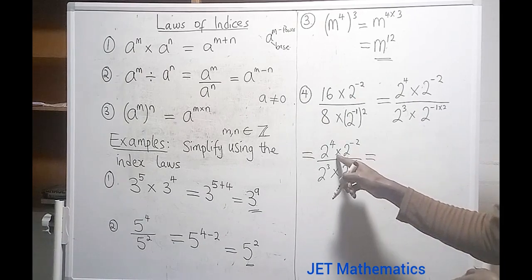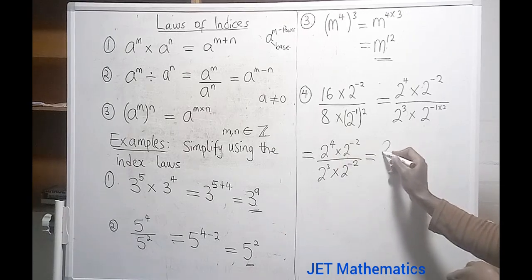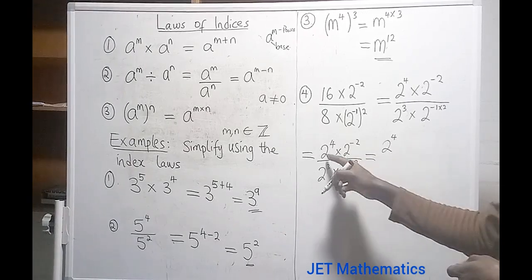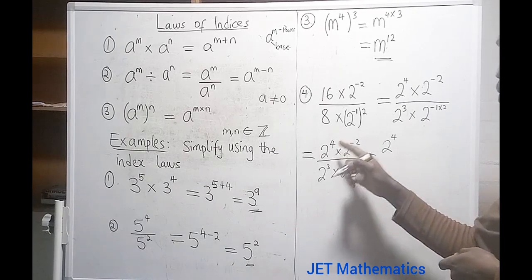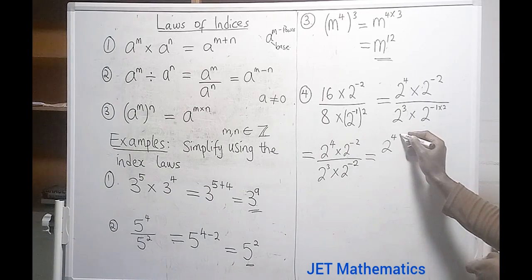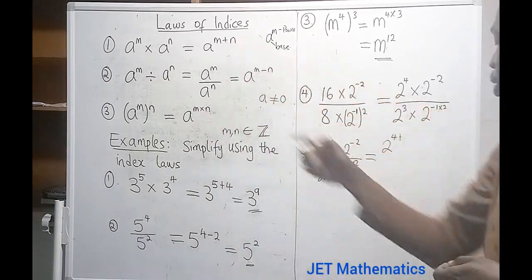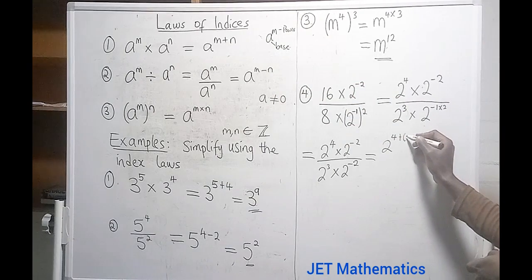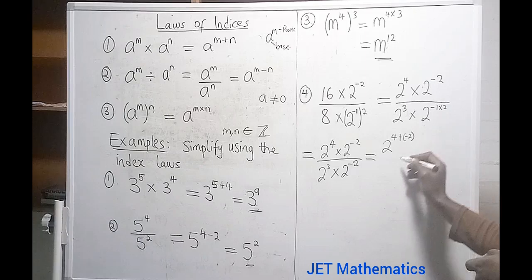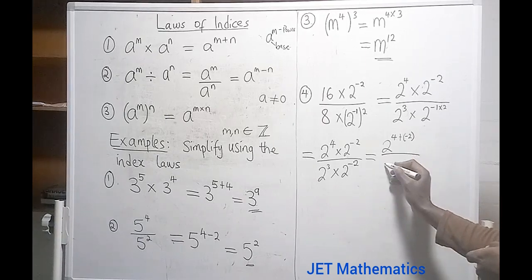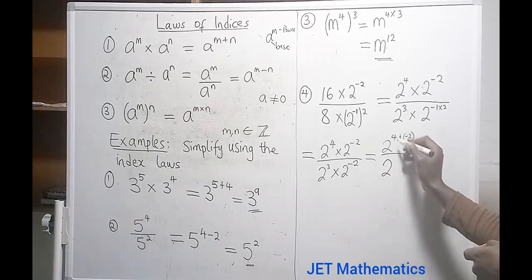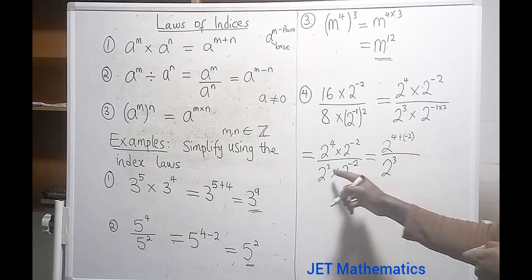This becomes, since it's multiplication, we have 2 raised to the power 4. They are the same base, and it's multiplication, so we can have 2 raised to the power 4 plus, for multiplication you put plus, right? Minus 2 all over 2 raised to the power 3 for this case.